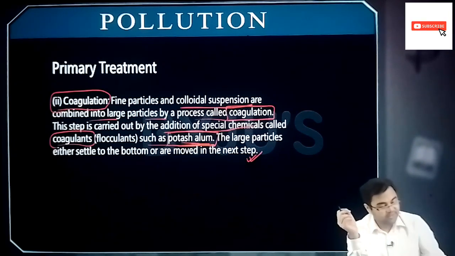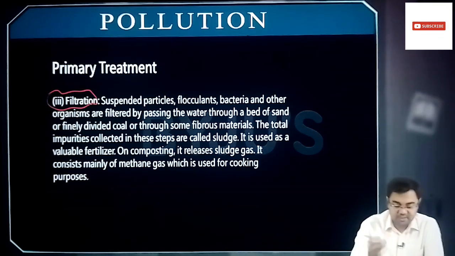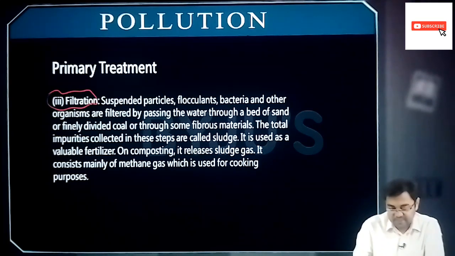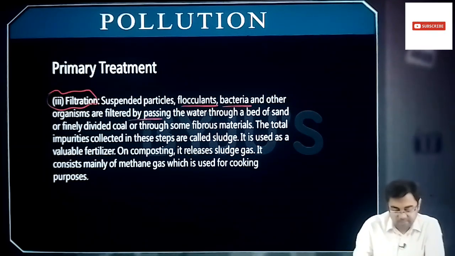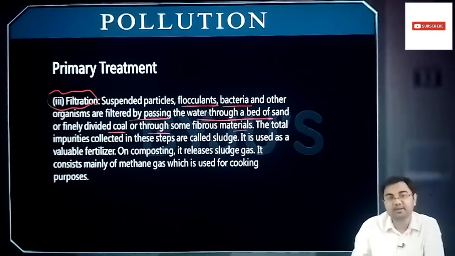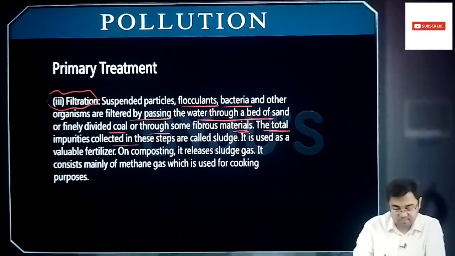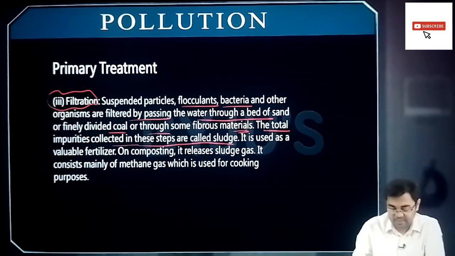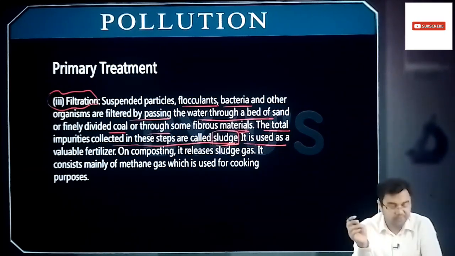So what is the next step? The next step is filtration. In filtration, the suspended particles, the flocculants, bacteria and other organisms are filtered by passing the water through a bed of sand or finely divided coal or through some fibrous material. The total impurities collected in these steps are called sludge, and this sludge is used as a very valuable fertilizer.